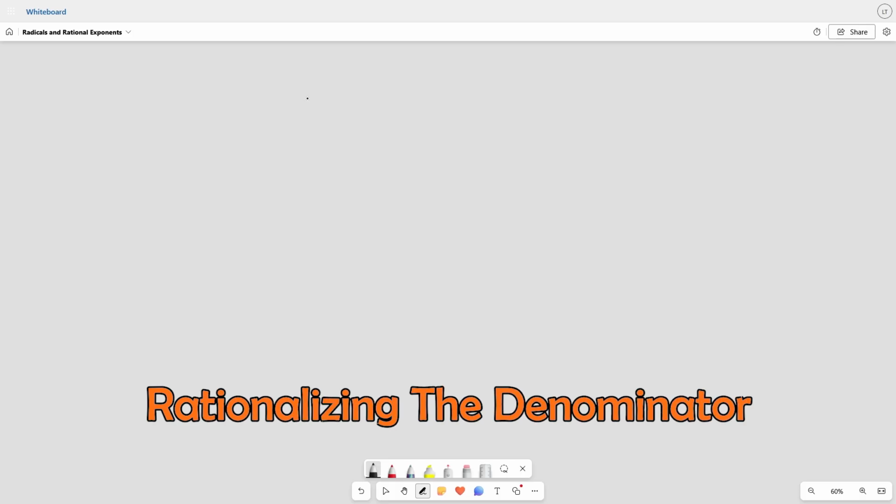The next thing we're going to learn about is rationalizing the denominators. So say you have square root of a over the square root of b. To rationalize the denominator, what you will do is multiply by the denominator over the denominator. We're allowed to do this because these terms cancel out, and this is actually just multiplying by 1.